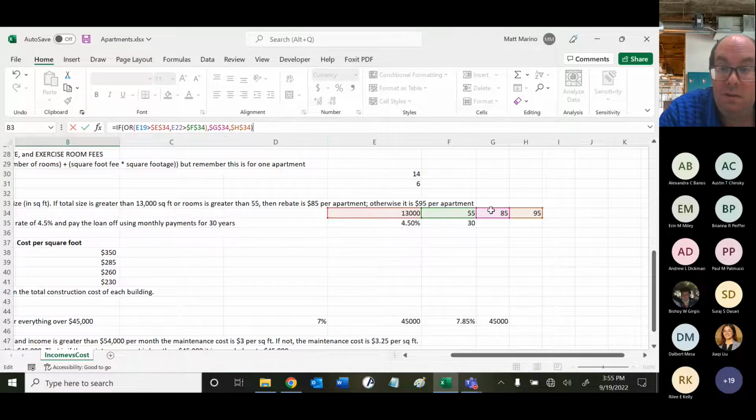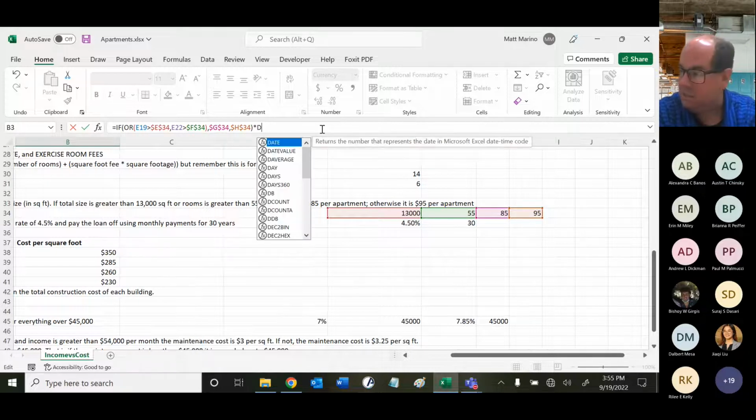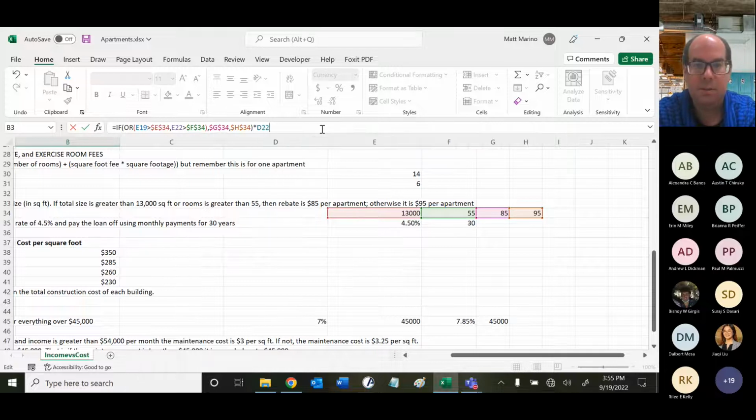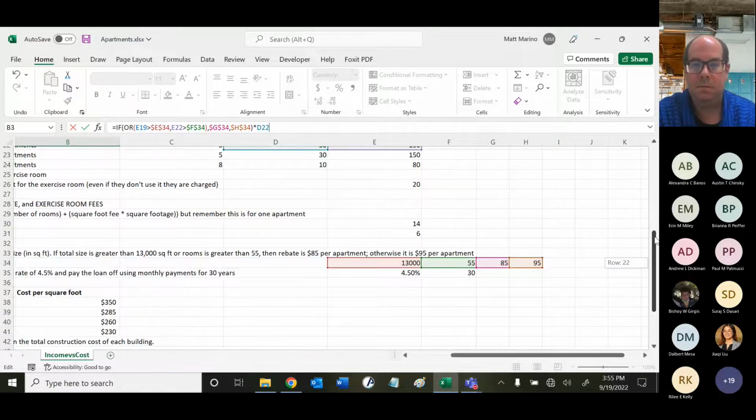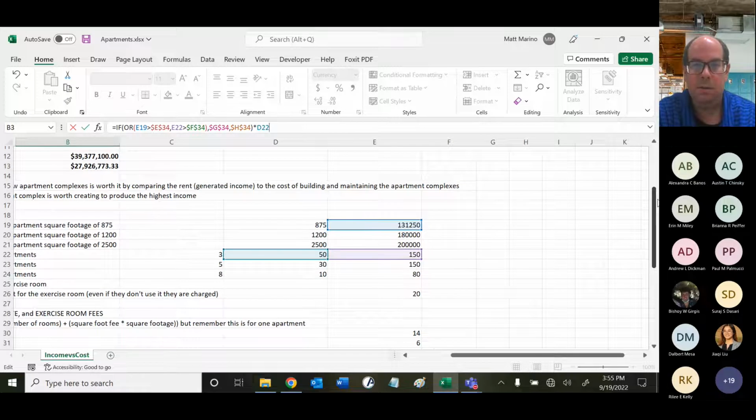So true is the $85, false is the $95. But then we multiply that by D22, which again is our number of apartments.